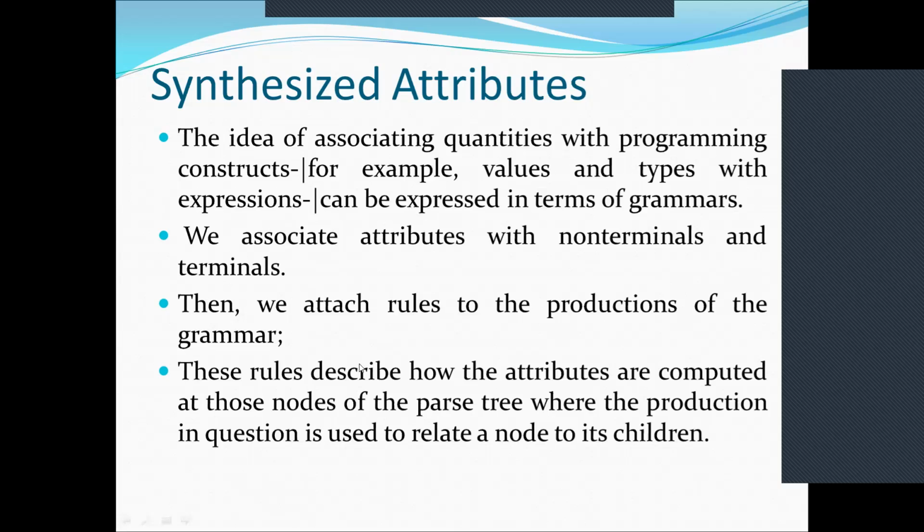So whatever rules we associate with the production will describe the attributes, and these rules are computed at the nodes of the parse tree, because you have the different nodes in the parse trees, right? Where the production is used to relate a node to its children.